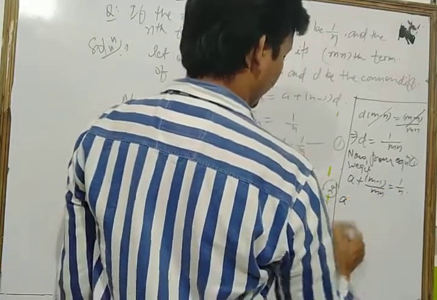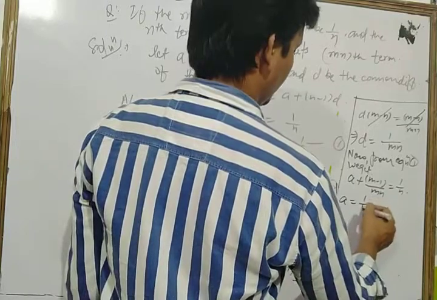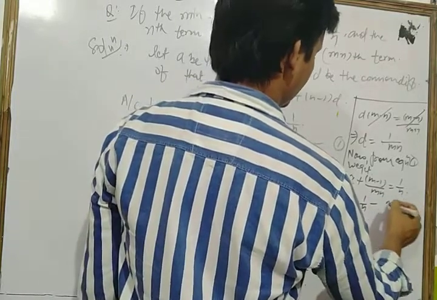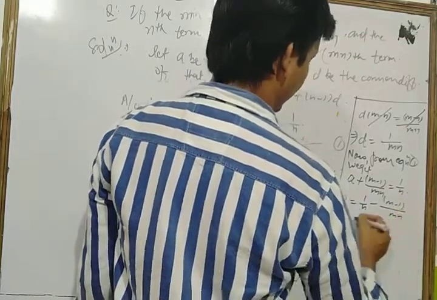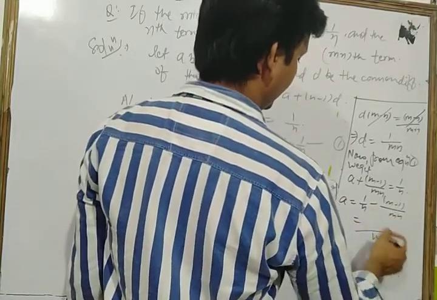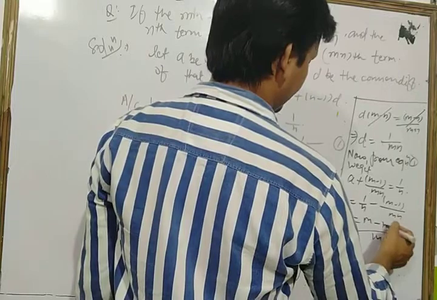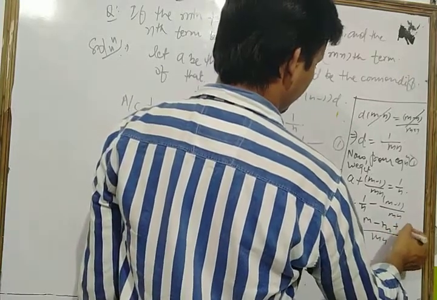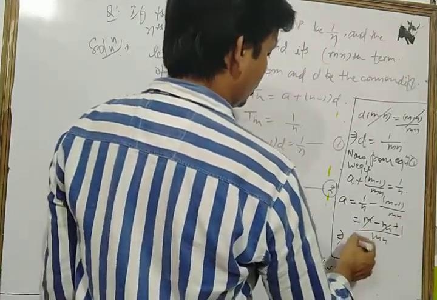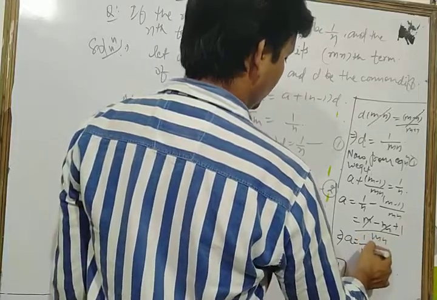Now the value of A is equal to 1 upon n minus m minus 1 upon mn. Now we take the LCM mn, n cancels each other, so we get m minus bracket break minus m plus 1, m cancels each other, so the value of A is also equal to 1 upon mn.